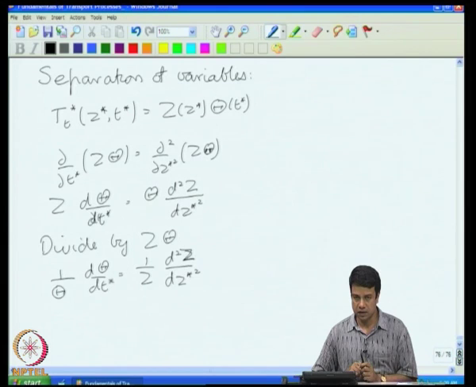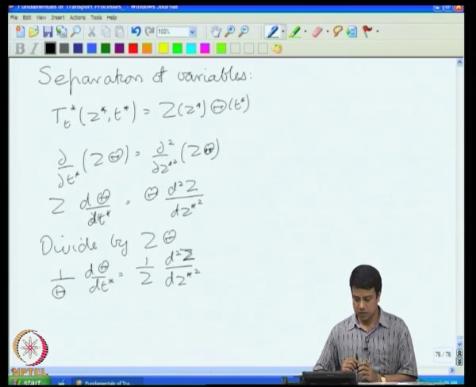In that case, the right hand side changes and the left hand side does not. And therefore, I will end up with a situation where the equality is no longer satisfied. The only way that the equality can be satisfied for all values of z and t is if both of these are equal to constants.